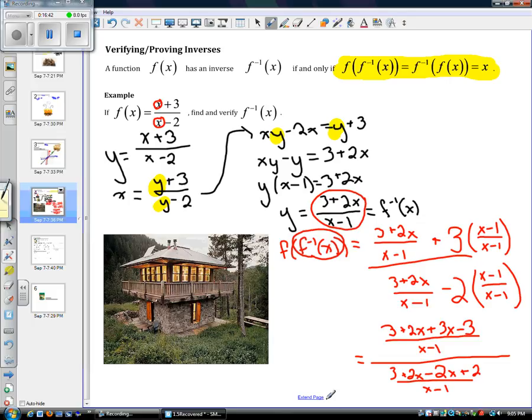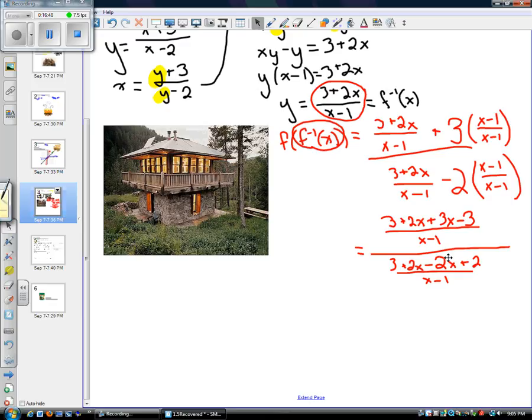And whenever you are dividing fractions, that's the same thing as multiplying by the reciprocal. So if I multiplied by x minus 1 over 3 plus 2x minus 2x plus 2, then my x minus 1s would cancel. So I can just cancel those now, so I don't have to keep writing it. And keep simplifying.